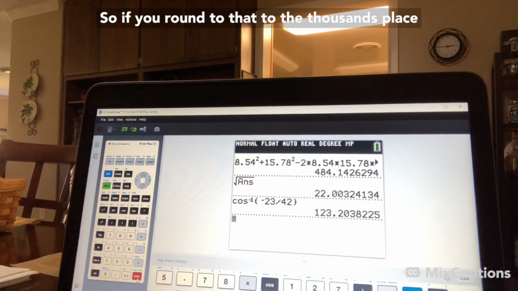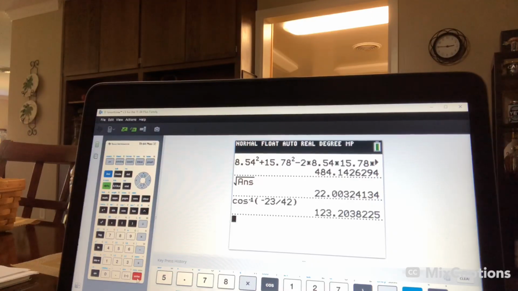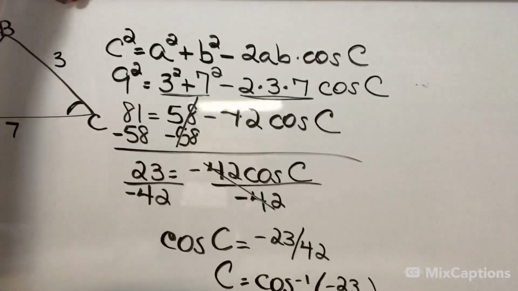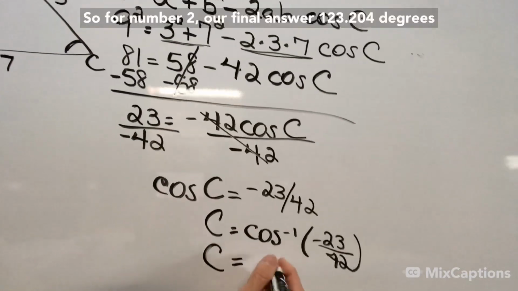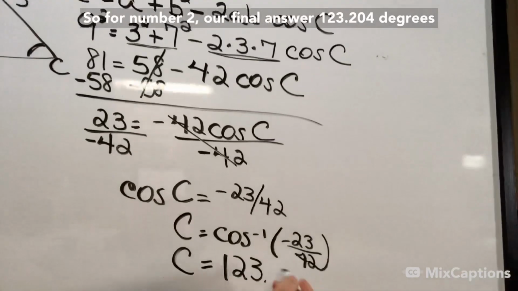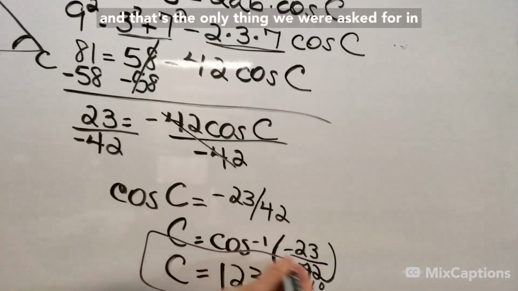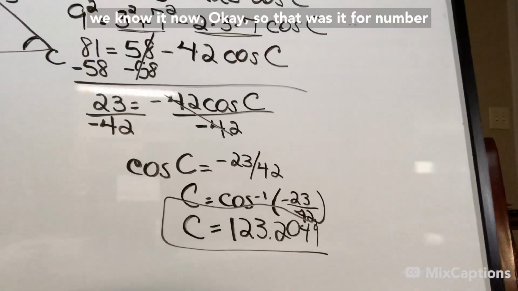So if you rounded that to the thousandths place, you would get 123.204 degrees. So for number 2, our final answer, 123.204 degrees. And that's the only thing we were asked for in that problem, was to give the largest angle, so we know it now.